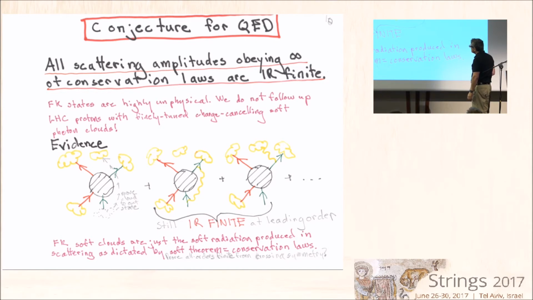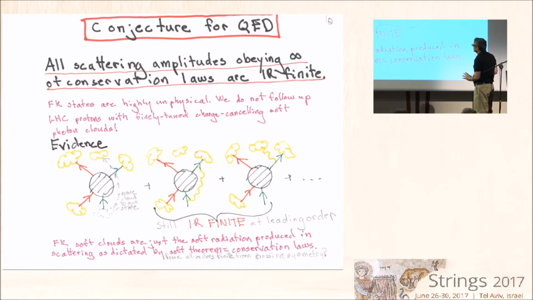As I said, it doesn't really matter where these charged clouds are, and the conjecture is that you can move one of the charged clouds from the in state to the out state. One way of thinking about this is we could take an operator which creates that cloud with a negative sign, and because there are no poles as photons get near a charged particle plus cloud, such a cloud would not interact.